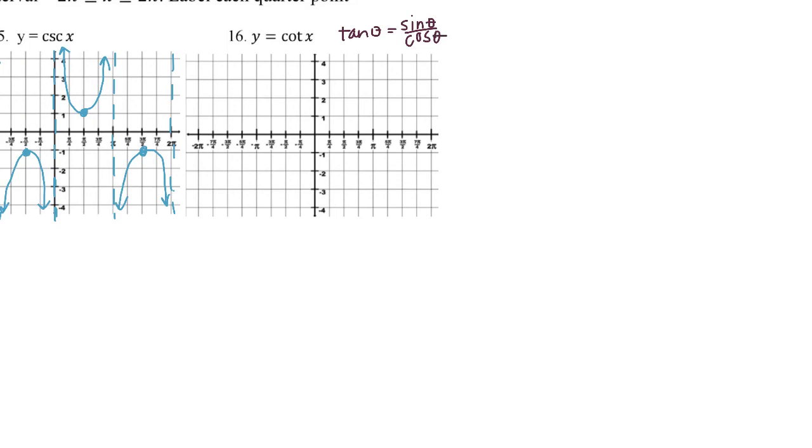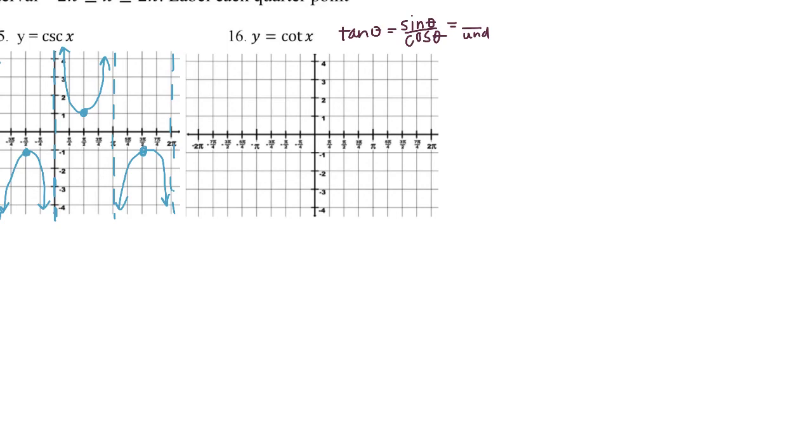And so when we're going through looking at each one of these values, think about where did I have tangent to be undefined and where did I have it to be 0. So if we're looking at it from that point of view, then we need to keep in mind here, everywhere cosine was 0, that's where we got undefined. So do keep that in mind.